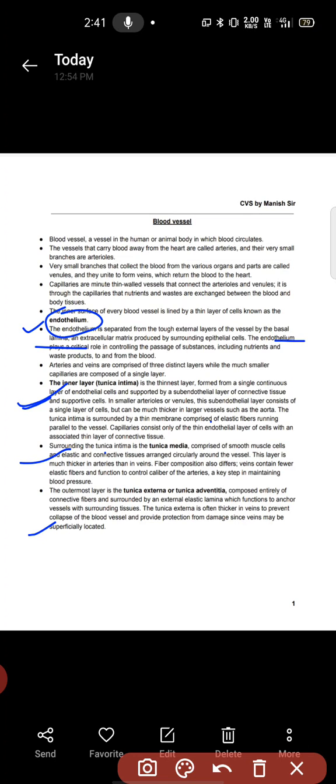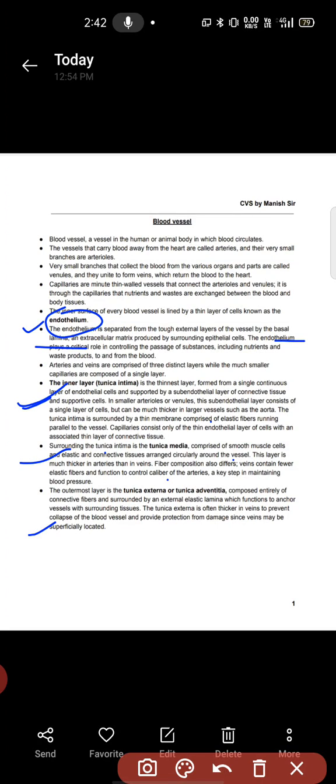The tunica intima is surrounded by a thin membrane of elastic fiber running parallel to the vessels. Capillary contains only a thin endothelial layer of cells with an associated thin layer of connective tissue.